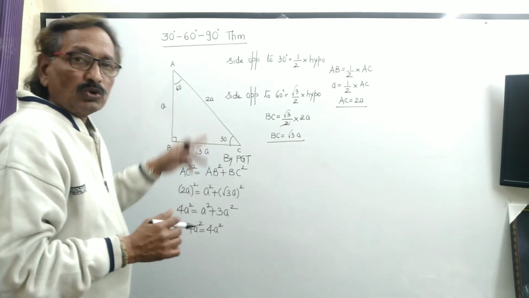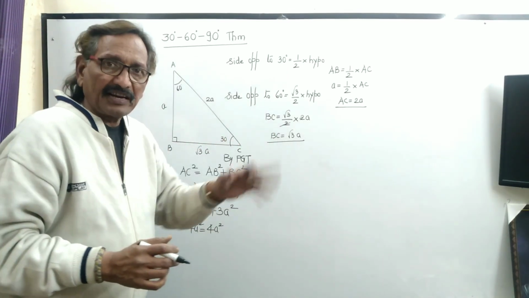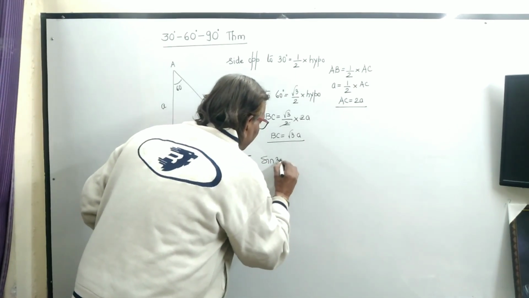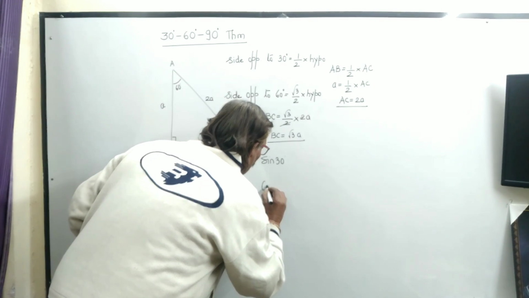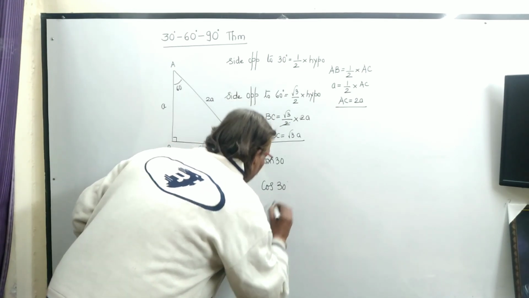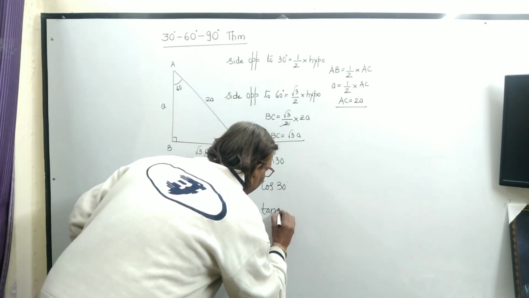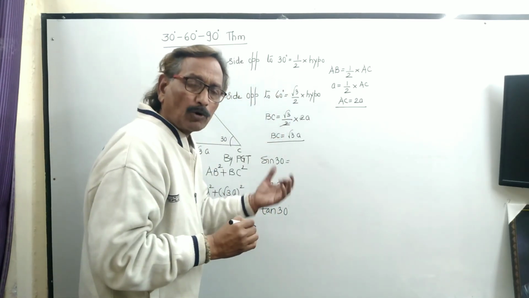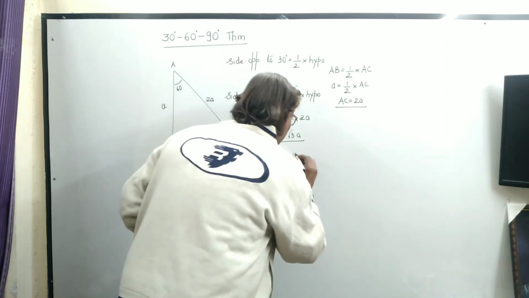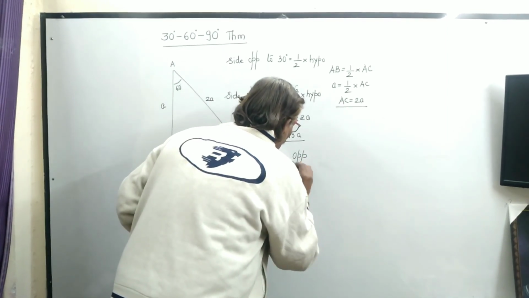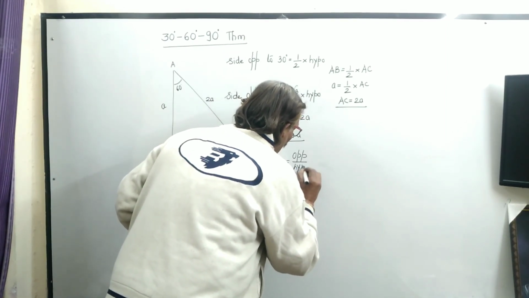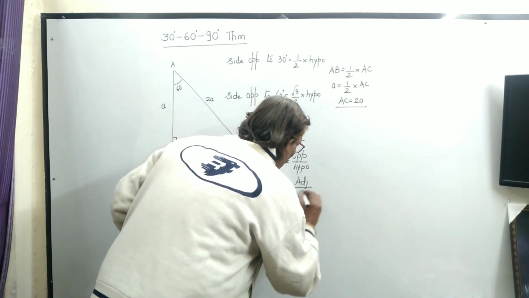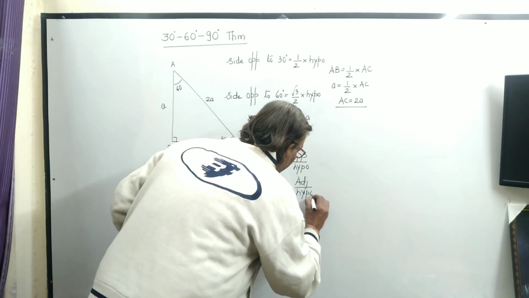Now let us move to 30 degree with all three ratios. Consider sine 30, cos 30 and tan 30. Sine 30 is opposite upon hypotenuse. Cos 30 is adjacent upon hypotenuse.